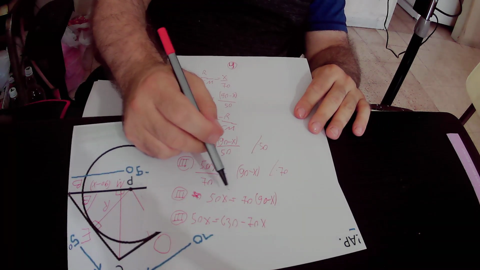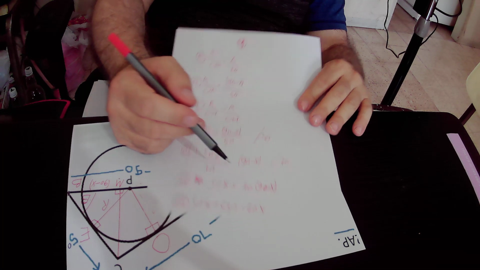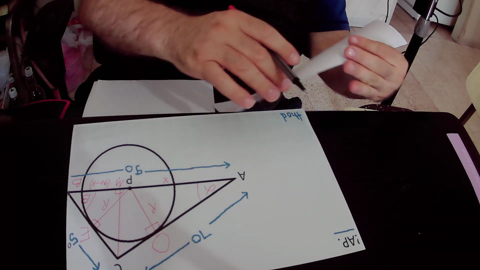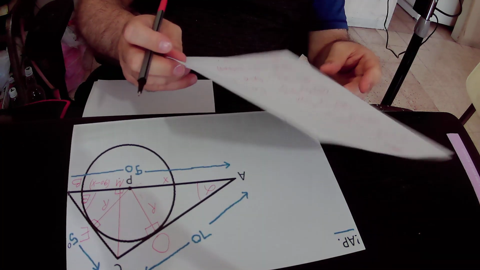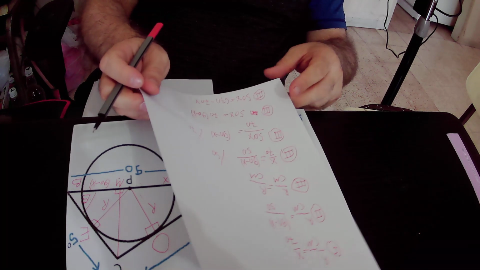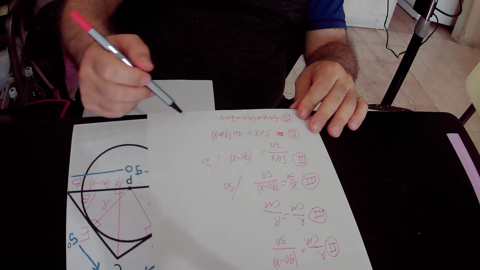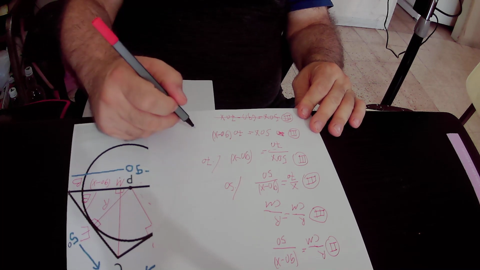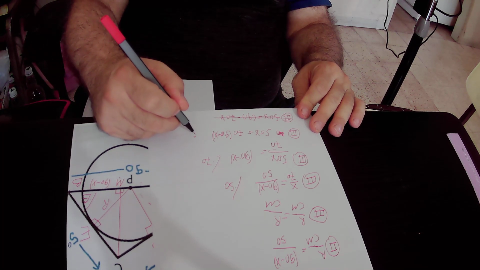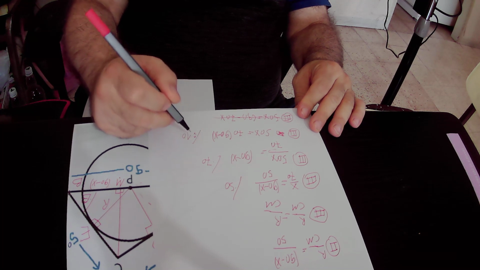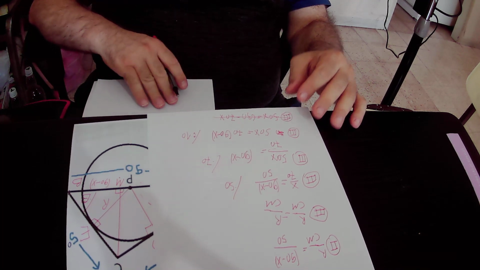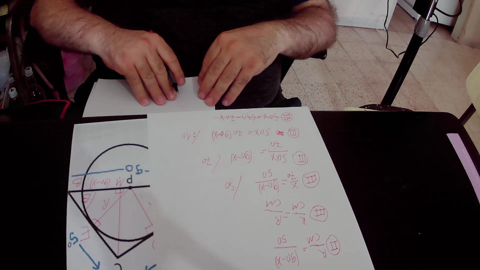So we open the brackets. I made a mistake. Before that, we will divide both sides of the equation by 10. Okay, so we'll get that.